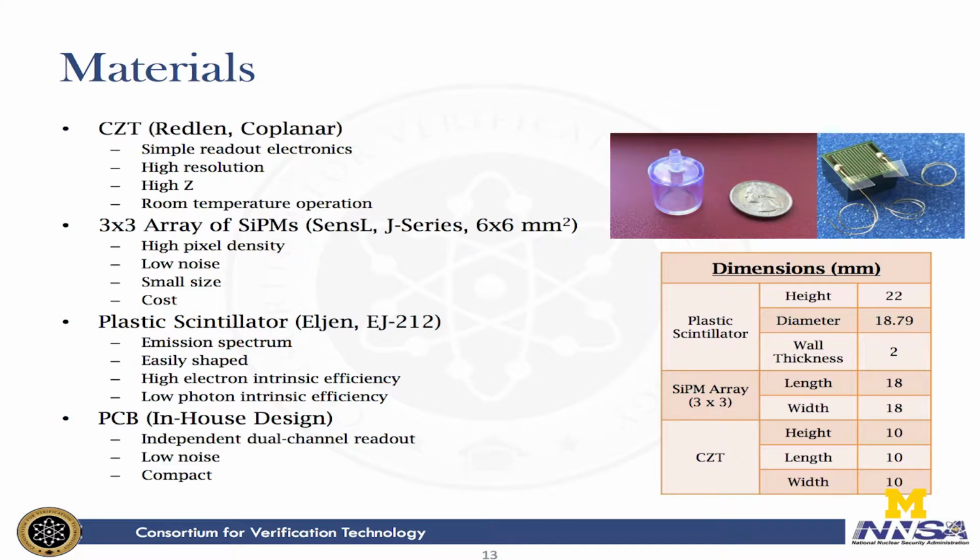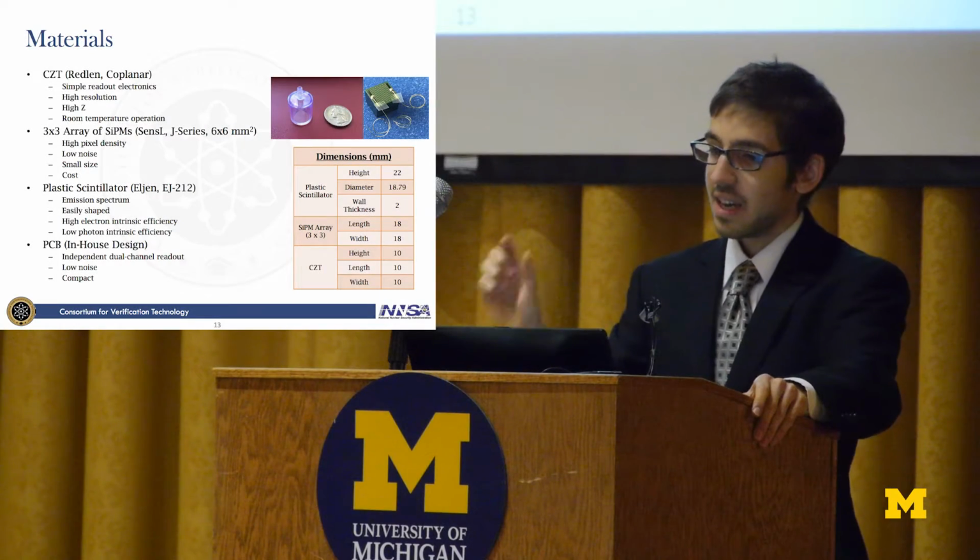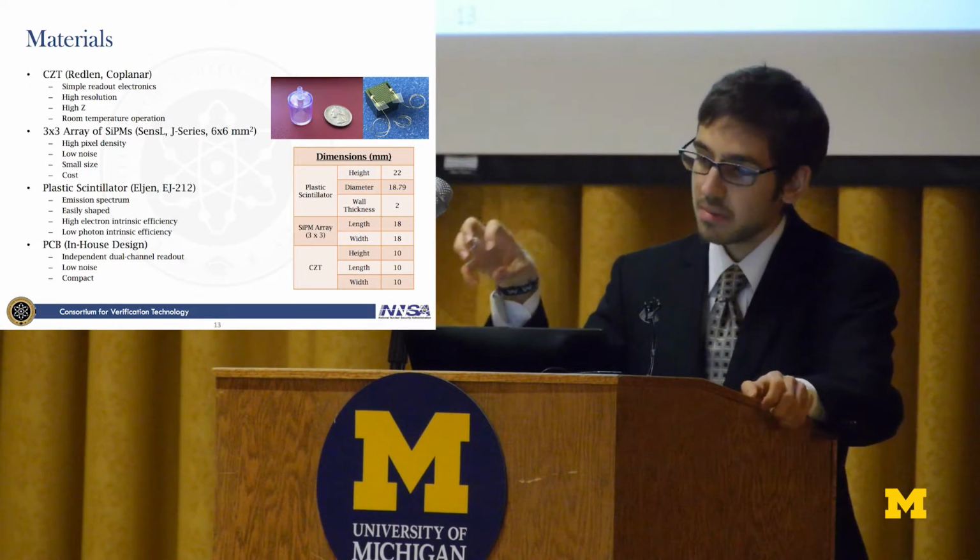And so, just some materials. For gamma detection, we used a coplanar CZT from Redlen. For light collection from the scintillator, we used a 3x3 array of J-series SiPMs from SensL. We chose these because they have really high pixel density, low noise, and you can pack them extremely close together.